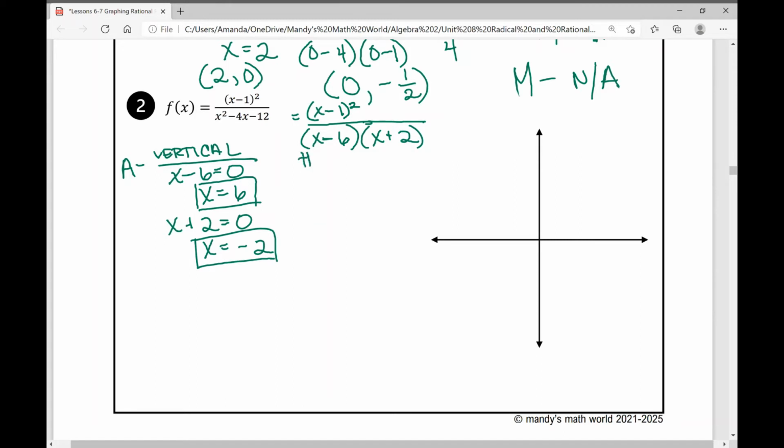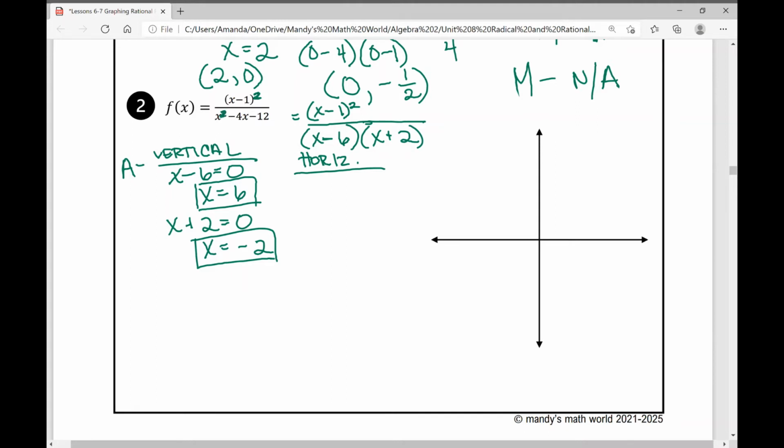And now let's find our horizontal asymptote. As you can see, if we go back to the original one, the highest exponent is a 2. If I actually multiplied x minus 1 times x minus 1, I would have x squared, and then I have x squared right here in my denominator.